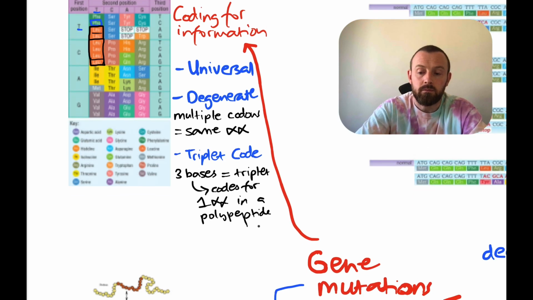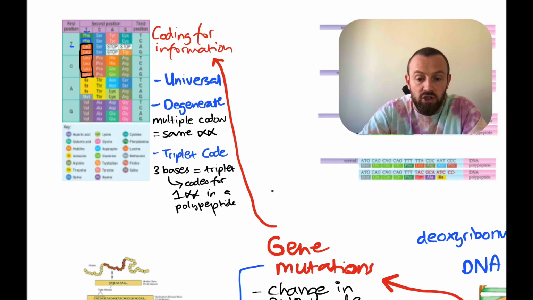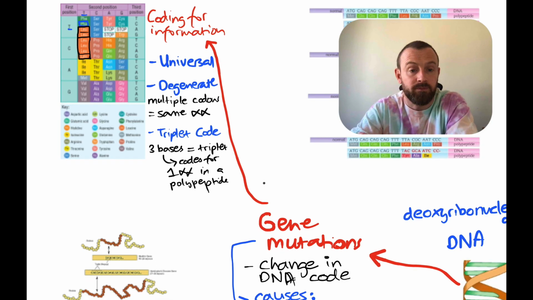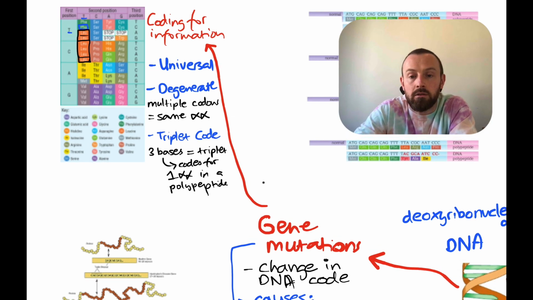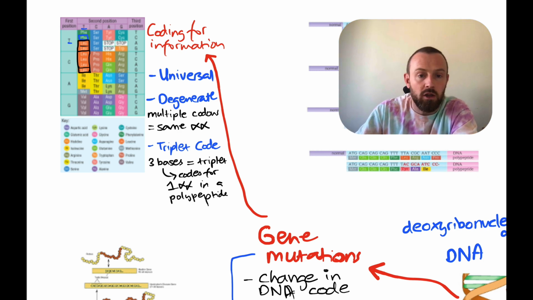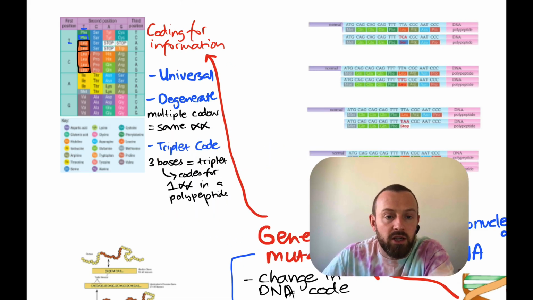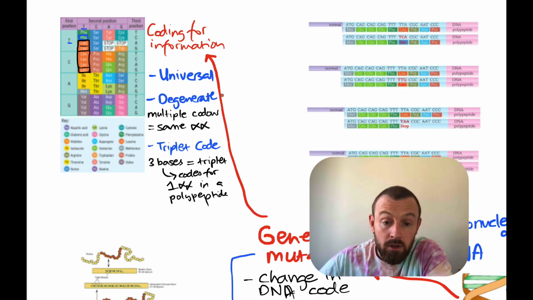Okay, so if we have a gene mutation, pinching out a bit, which is a change in the code, then there are several different ways that this can play out. So we're going to look over here and look at different examples of gene mutation. The most common type of mutation is called a point mutation.